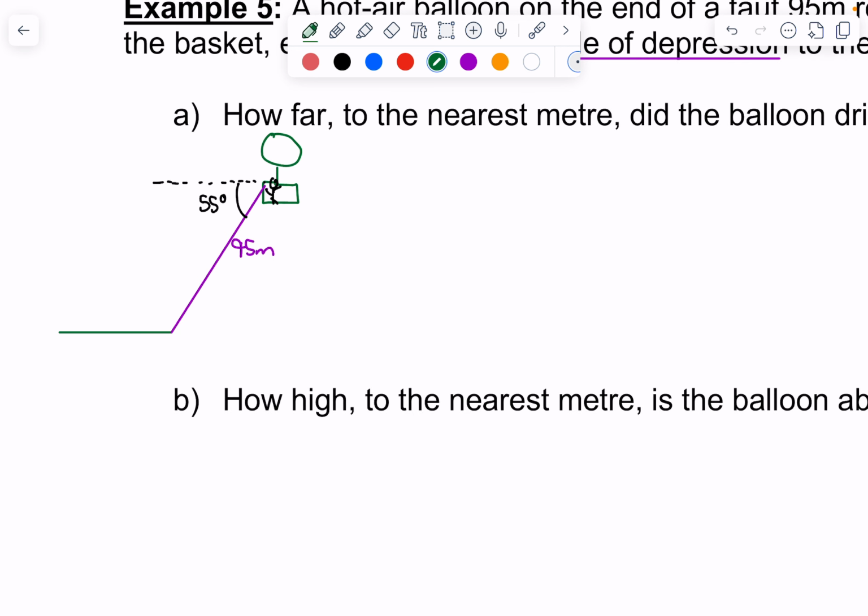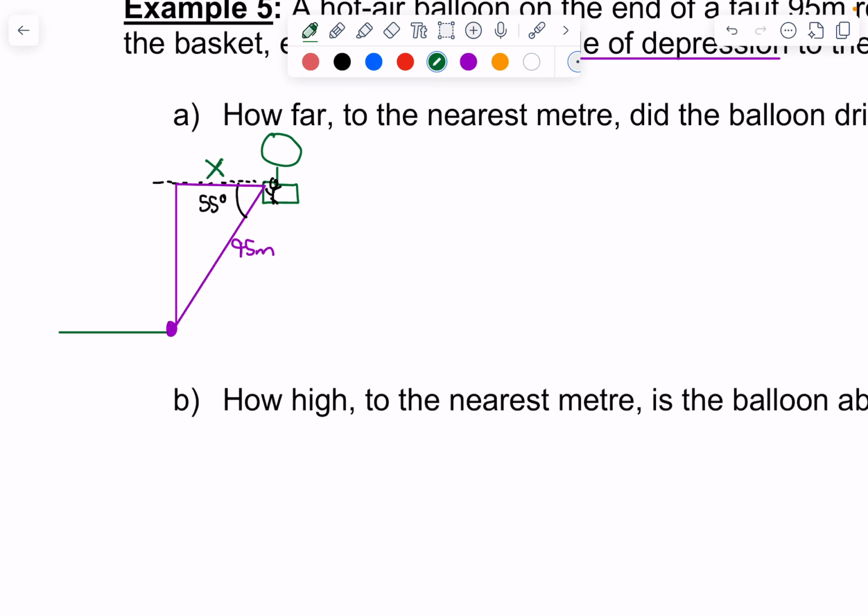Well, the question is saying, how far has it drifted? So if this is where it started, this point right here, let's draw a straight line up and across. How far has it drifted? So meaning, how far is this distance right here, this x? So let's find that.